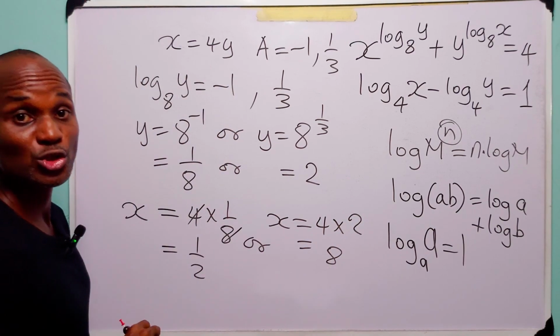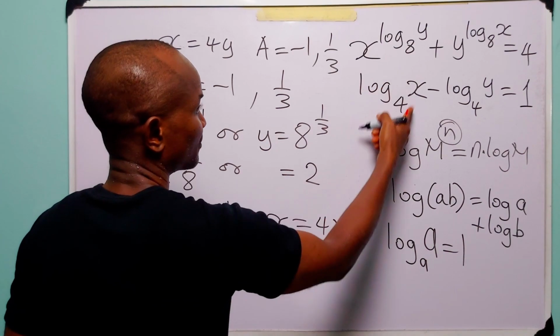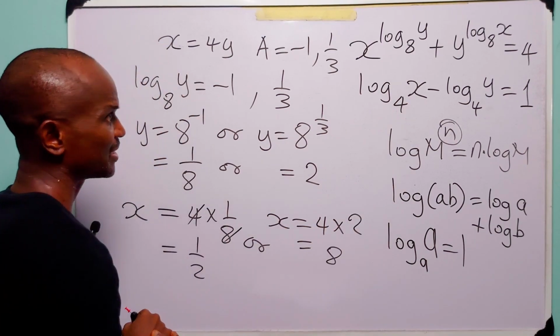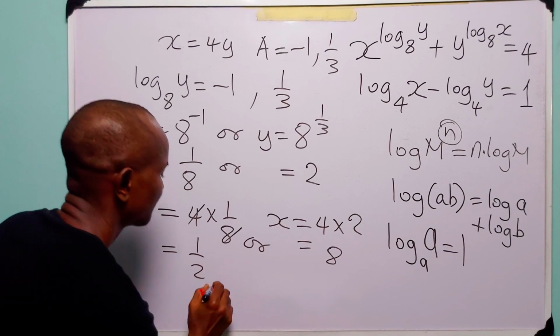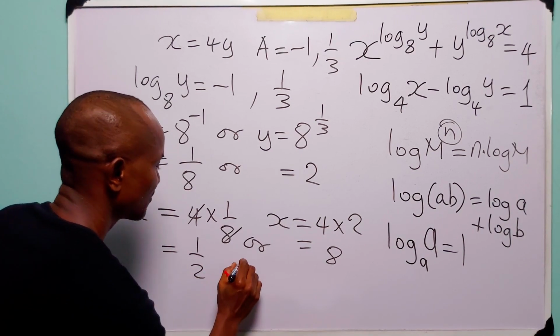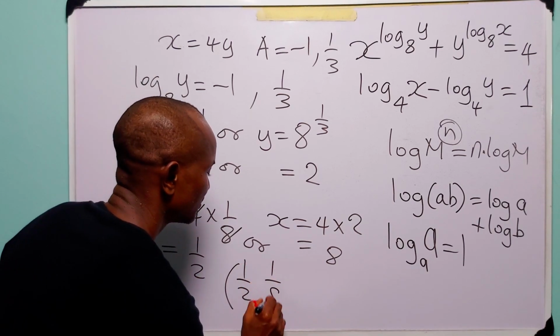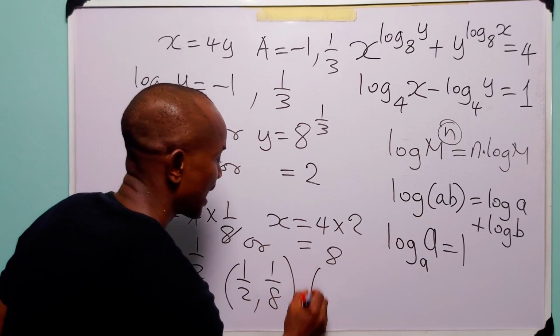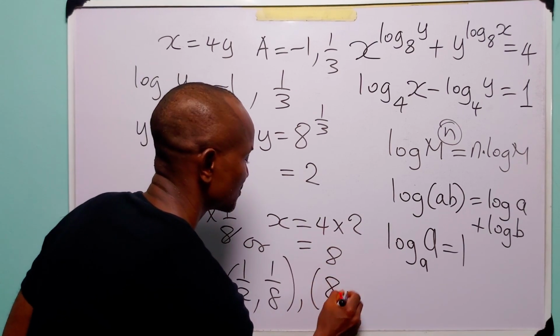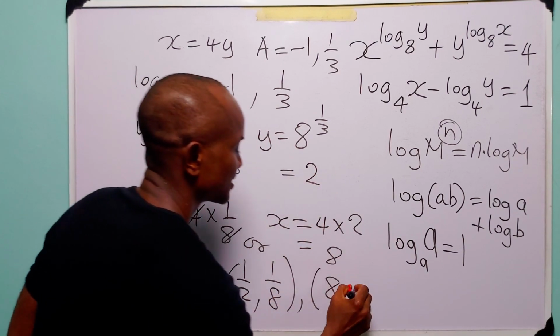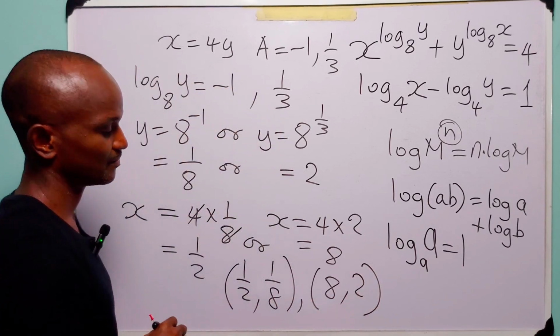So we have that the solution sets of this system of logarithmic equations are when x is equal to half, y is equal to 1 over 8. And when x is equal to 8, y is equal to 2.